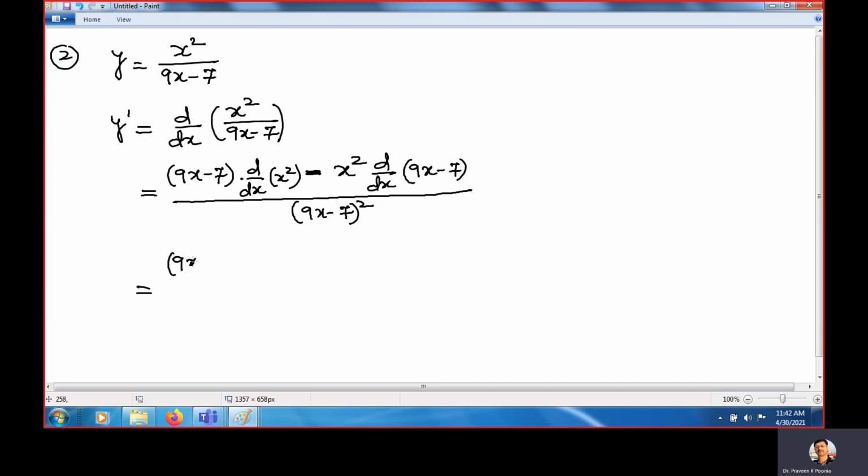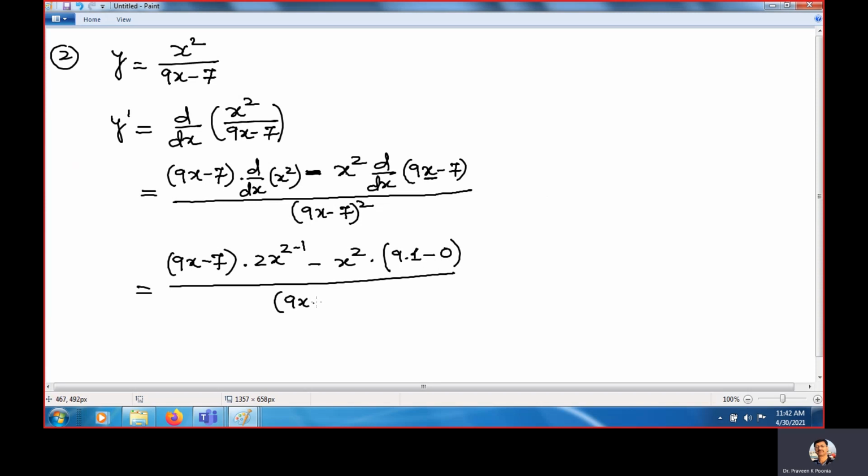Solve it. (9x minus 7) and the derivative of x power 2, 2x power 2 minus 1, minus x power 2 times the derivative of 9x, 9 into the differential of x, which is 1, minus the derivative of 7, which is 0, upon (9x minus 7) whole power 2.